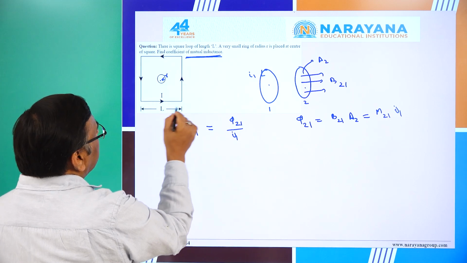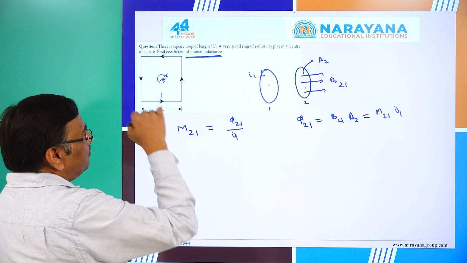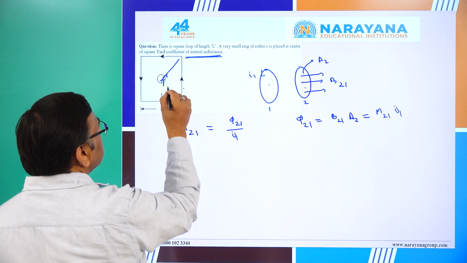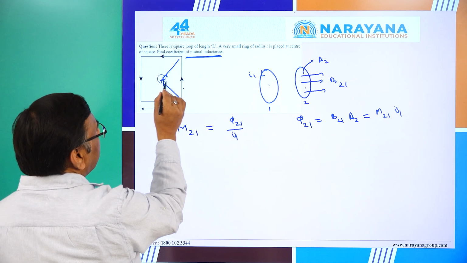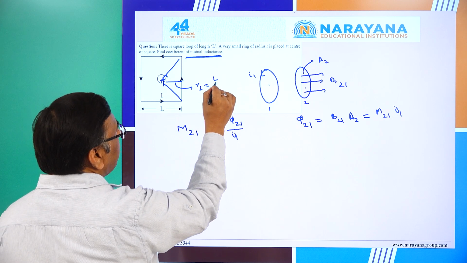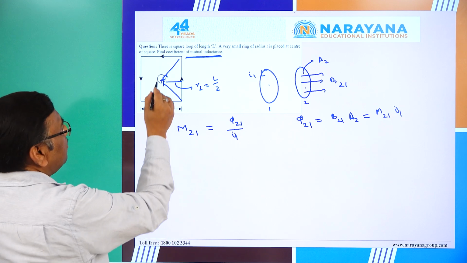There is a current carrying conductor of length L. Again, you know how to find the magnetic field, right? In the beginning we said, if there is a current carrying conductor, then how do we find the magnetic field at this point? We know the perpendicular distance is going to be L by 2. Okay, what is my magnetic field at the center?